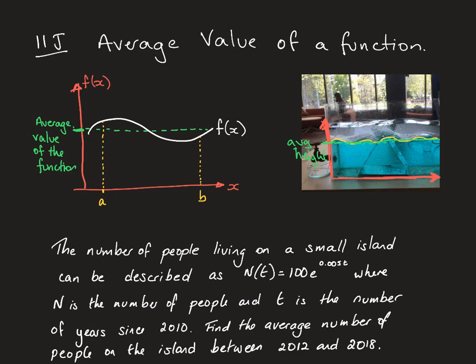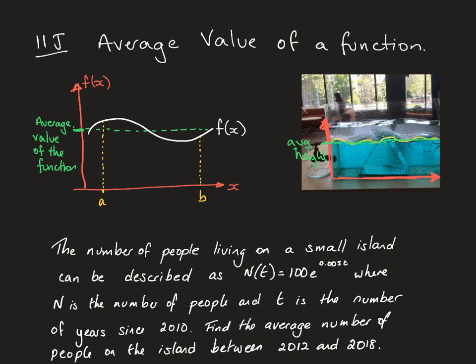And so we use the same idea over here with this particular function, and if we're finding the average value of the function between this x value and this x value, so what is the average of all of these y values? It's going to be somewhere between the highest value and the lowest value.